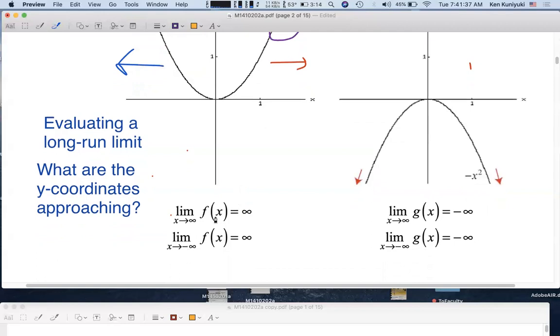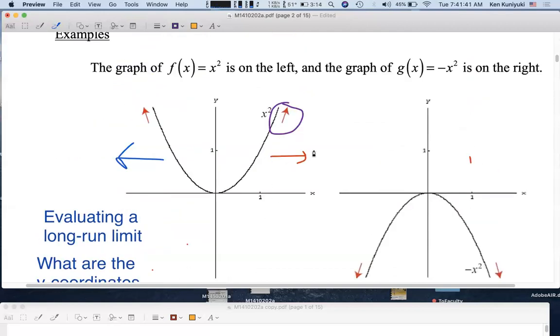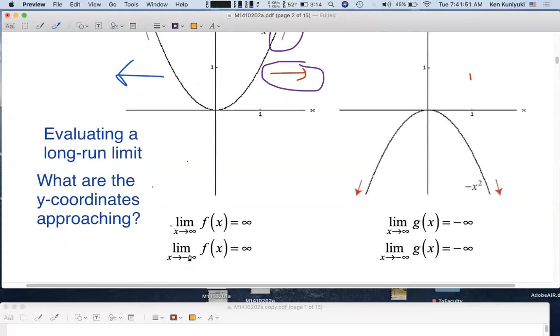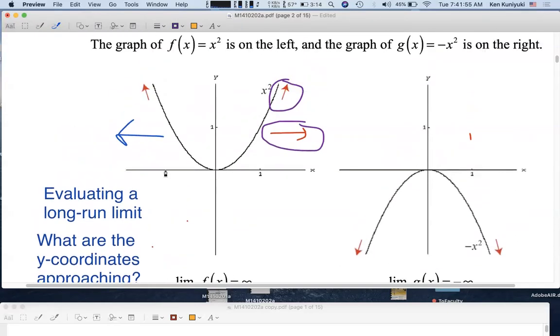So the limit of f of x as x approaches infinity will be infinity. As we look off to the right, as x approaches infinity, the y coordinates also approach infinity. They increase without bound. Likewise, what's happening as x approaches negative infinity? What happens as x goes off to negative a million, negative a billion, and so forth? Well, as x approaches negative infinity, still the y coordinates approach infinity.